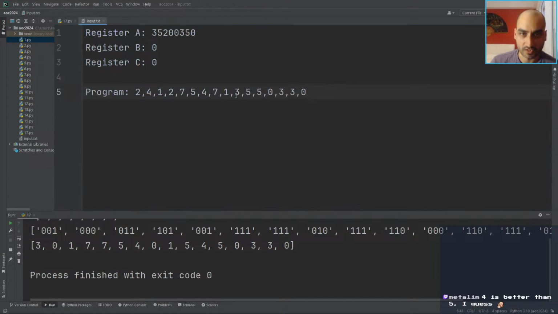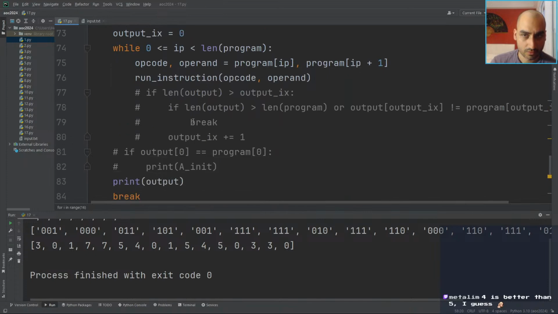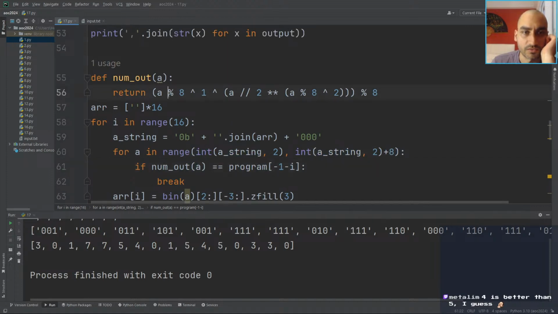Well, it's not, because it doesn't match the program. Something is wrong here then. This should be matching. I don't even know if this formula is correct.